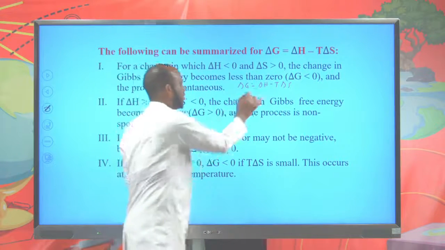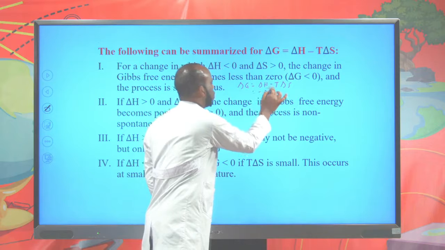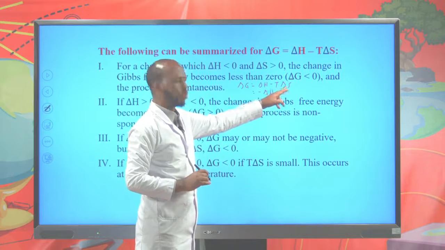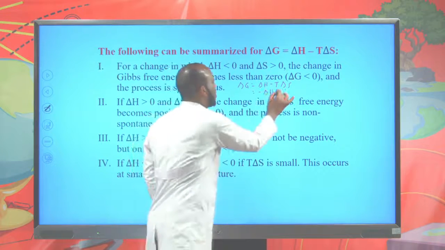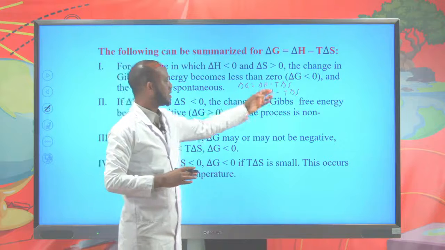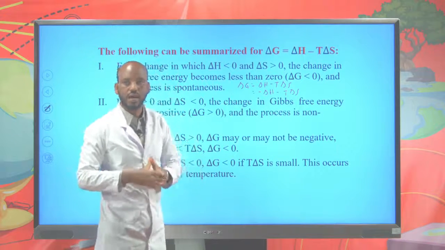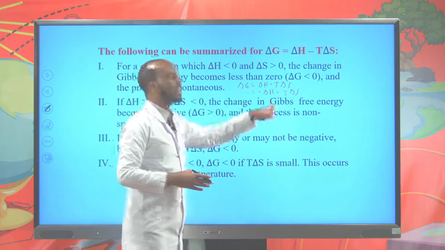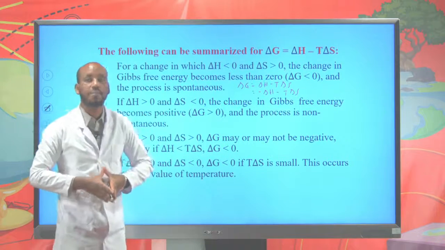Delta S greater than 0 is positive, and positive times negative is negative, minus T times delta S. Negative plus negative is always negative. Therefore, delta G is less than 0 for all temperatures.